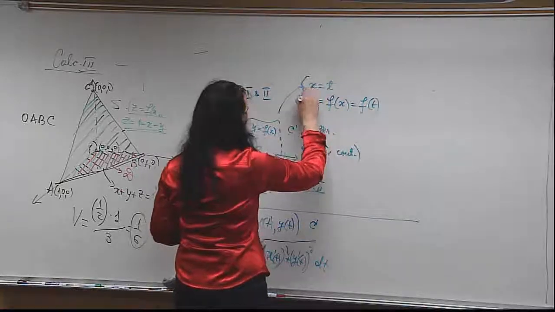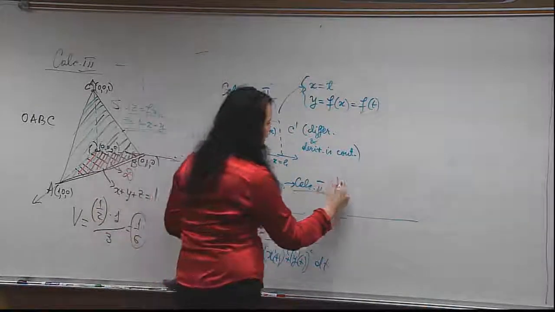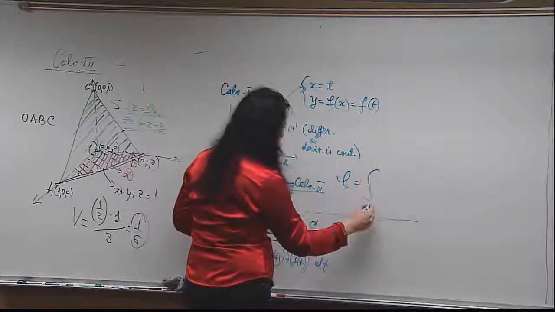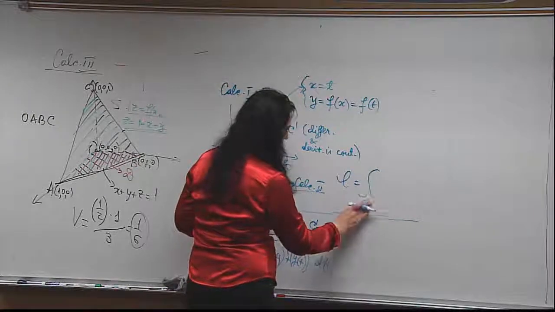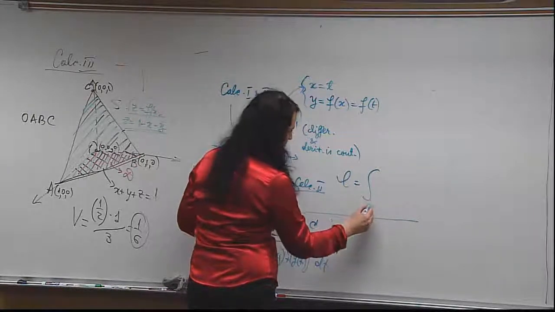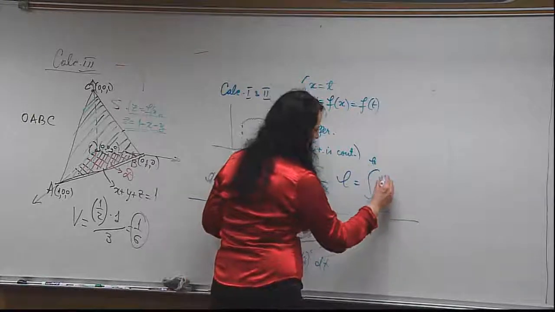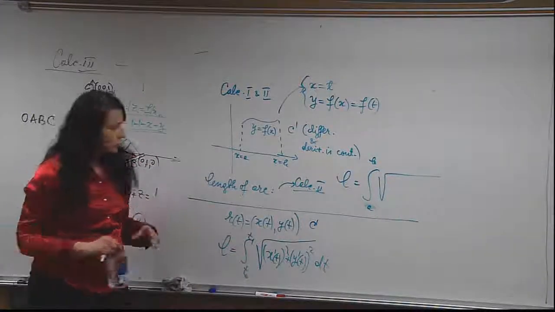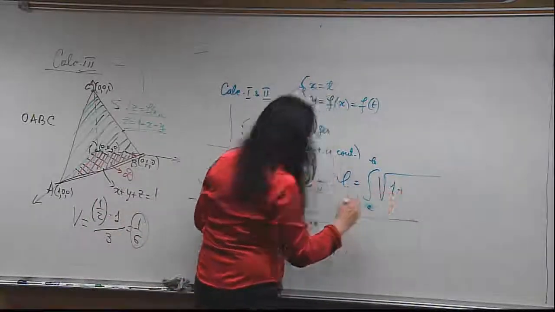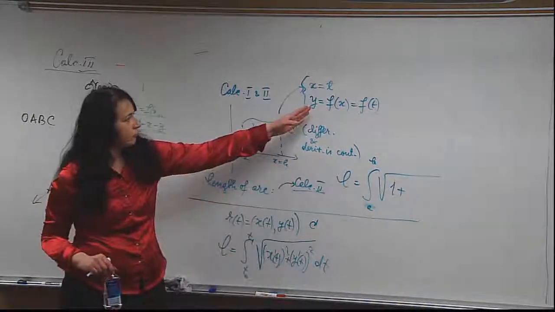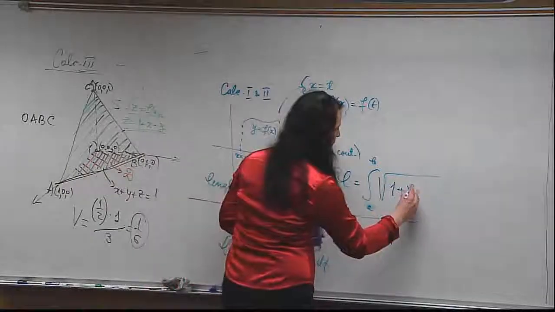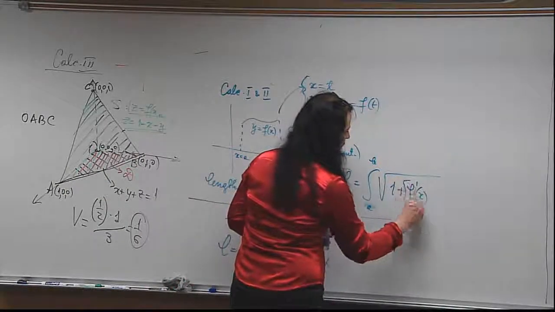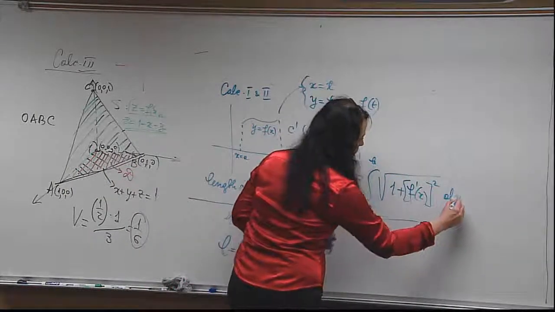And in that case, as I told you before, the length will be the integral from a to b of the square root of, since x is t, x prime of t is 1. So you get 1 plus, y is just f, so you have f prime of x squared dx.